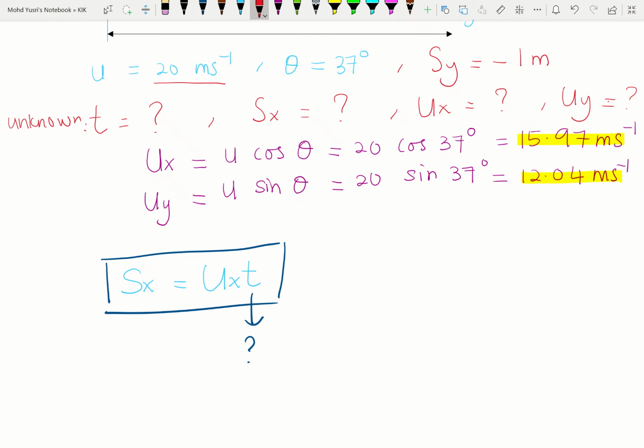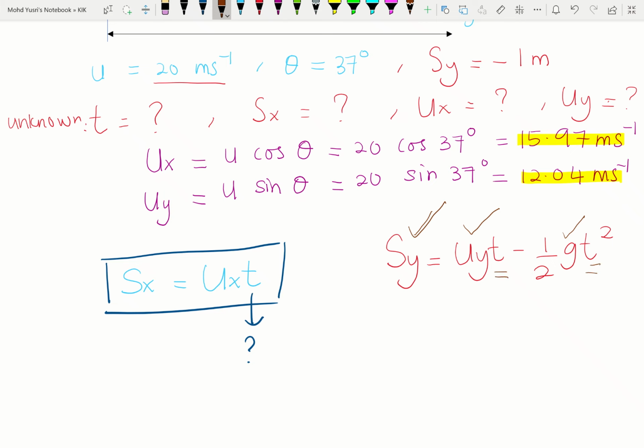I decide to use the equation Sy equals Uyt minus half gt squared. We have the value of Sy, we have the value of Uy, and we have the value for g. Therefore, we can find the value of t.